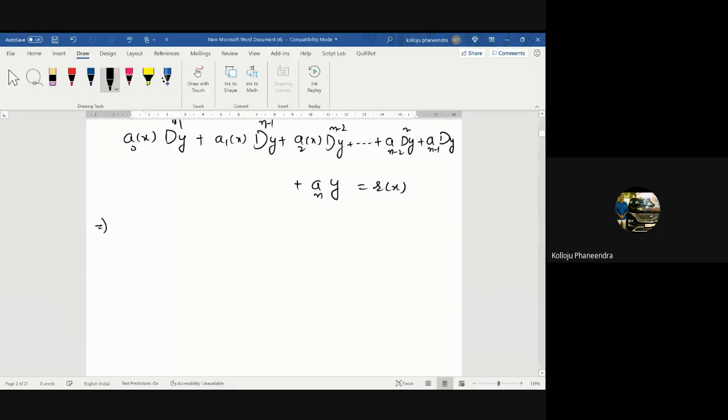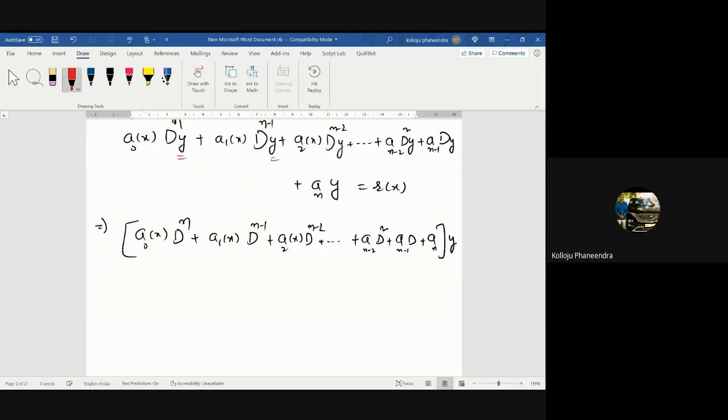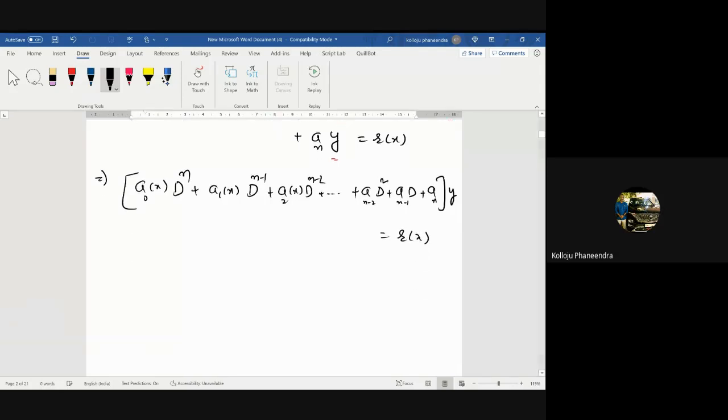Then in this entire expression y is common. Then I can write a naught x into d power n plus a1 x into d power n minus 1 plus a2 x into d power n minus 2, and so on, a n minus 2 into d square plus a n minus 1 into d plus a n, into y, taking this y outside, equal to r of x.